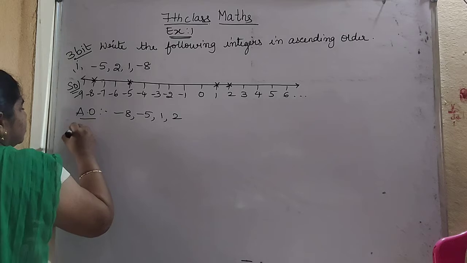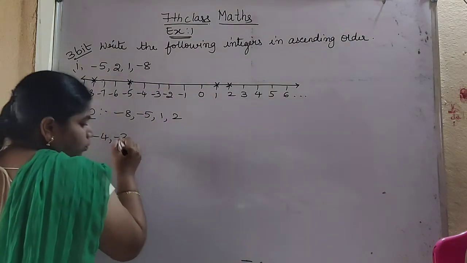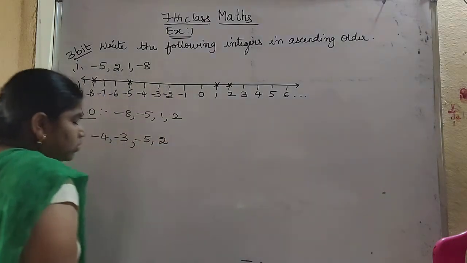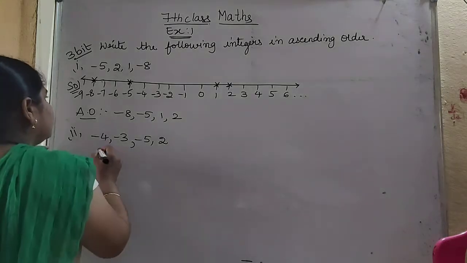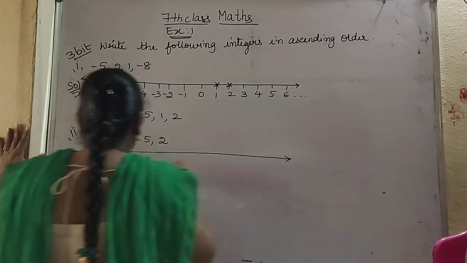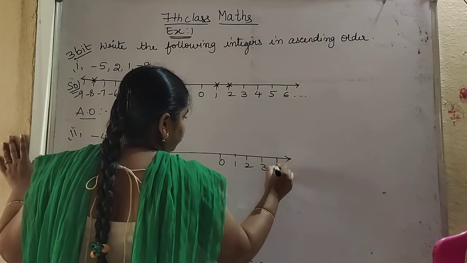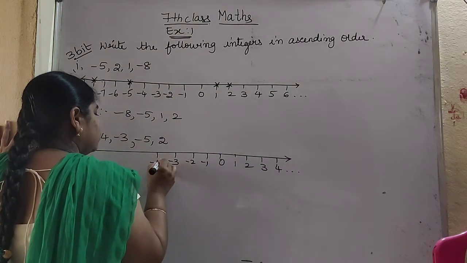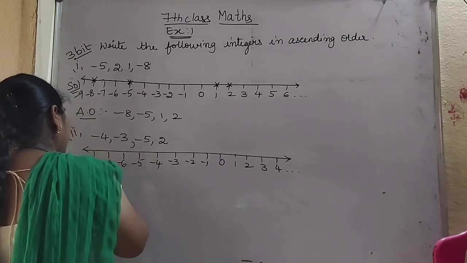So second one is -4, -3, -5 and 2. Again we have to arrange in ascending order. First draw a number line. Zero, 1, 2, 3, 4 and so on. -1, -2, -3, -4, -5, -6, -7, -8 and so on.